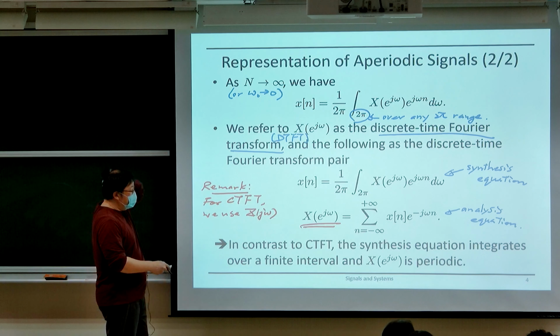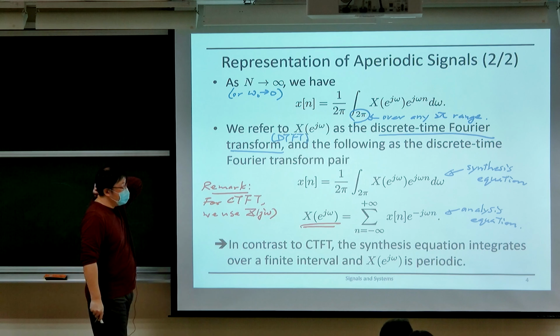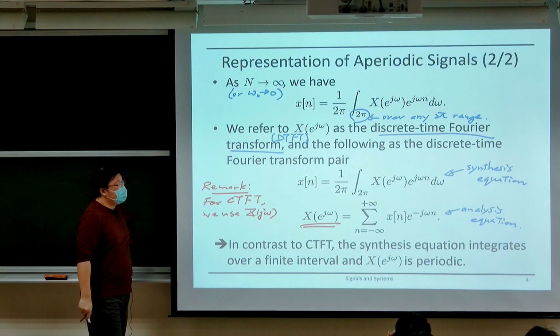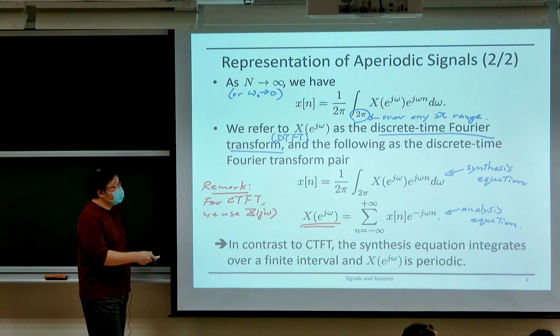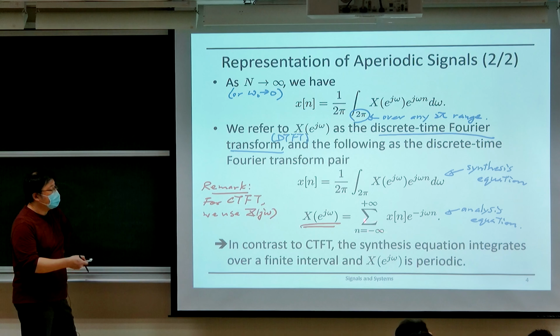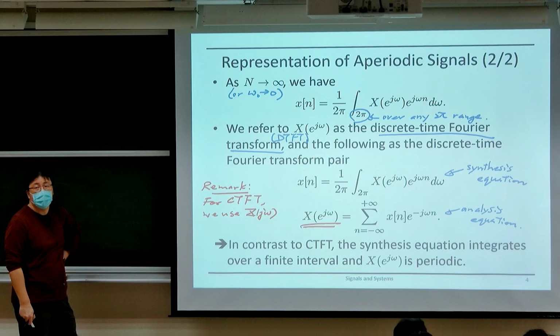Now, another thing is that when you look at this analysis equation, you have this summation going to infinity. When you have something going to infinity, you're always concerned with the convergence of this summation.